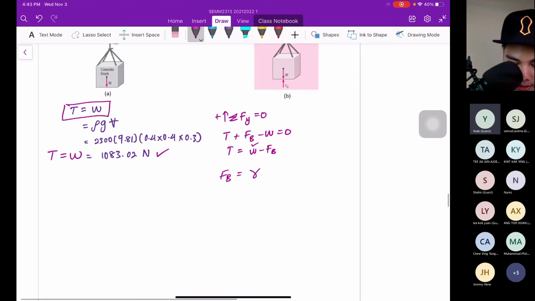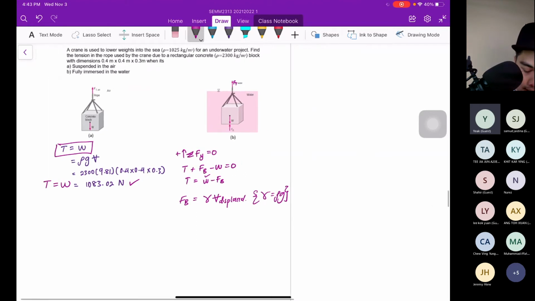It is gamma multiplied with the displaced object, the displaced fluid by the object. So gamma is rho G.